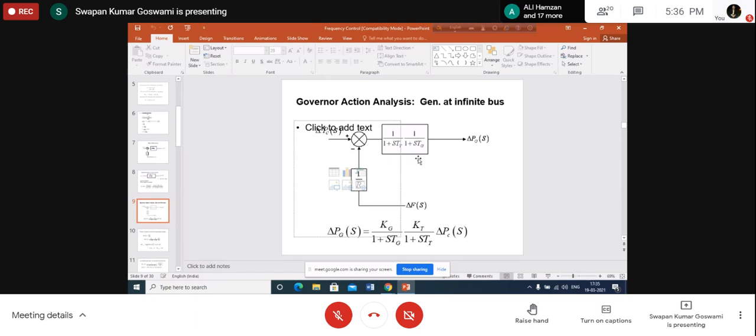Then we say that the power system is behaving as an infinite bus to the generator. So when you connect a generator to a large power system, meaning an infinite bus, for any change in the output of the generator, we assume that there will not be any change in the frequency of the system. So if it is true, then what will happen?